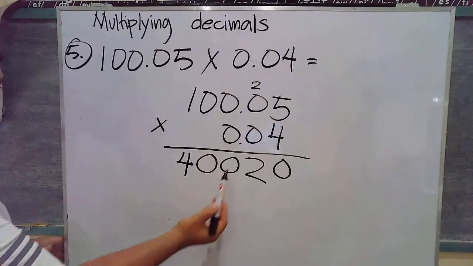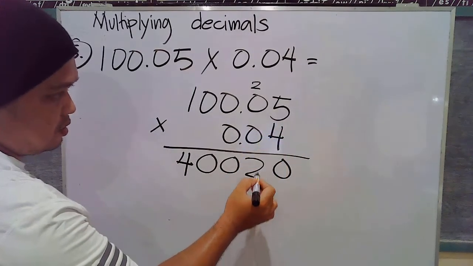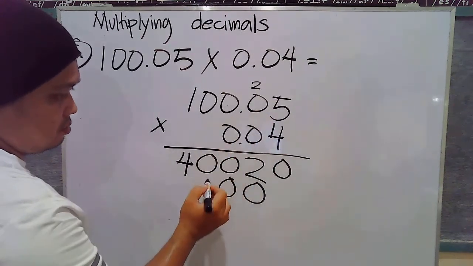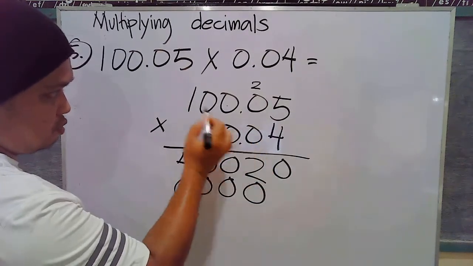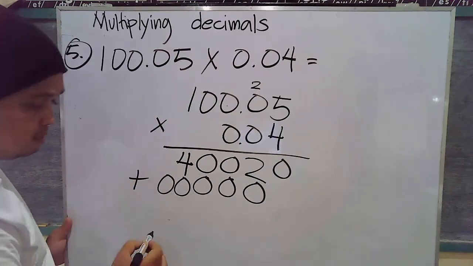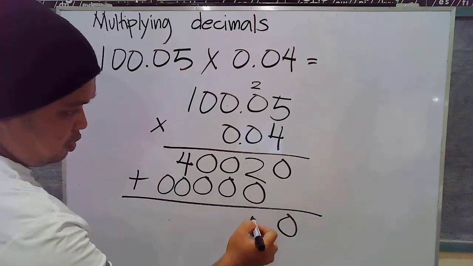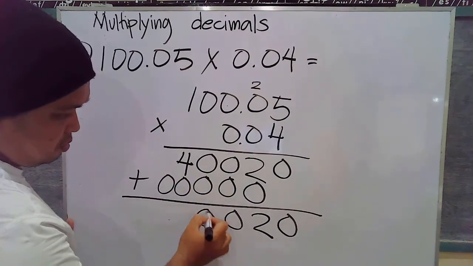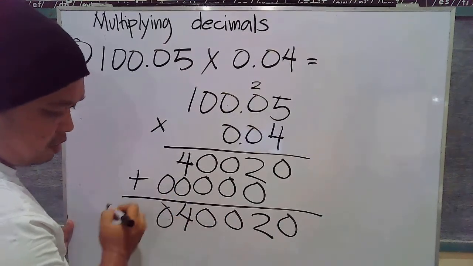Next, let's proceed to 0 here. 0 times 5 is 0. 0 times 0 is 0. 0 times 0 is 0. 0 times 0 is 0. 0 times 1 is 0. So, you can now add. So, 2 here, 0, another 0, 4 plus 0 is 4, and 0.